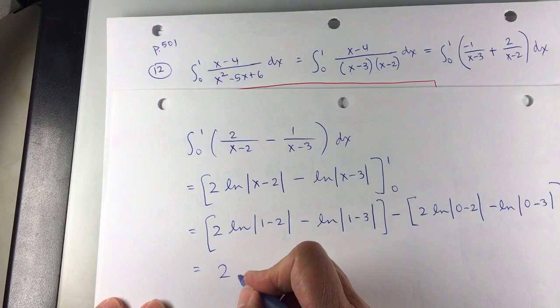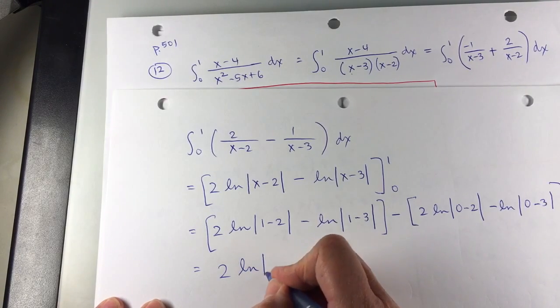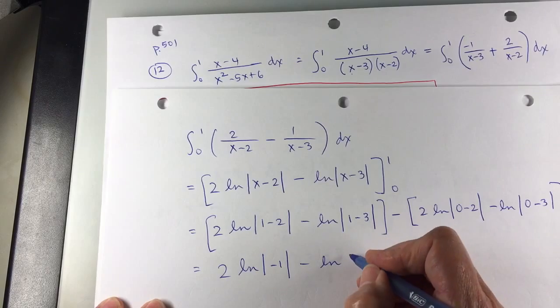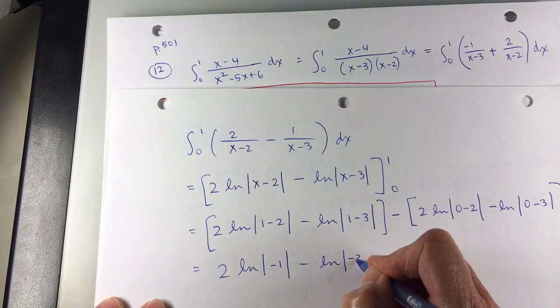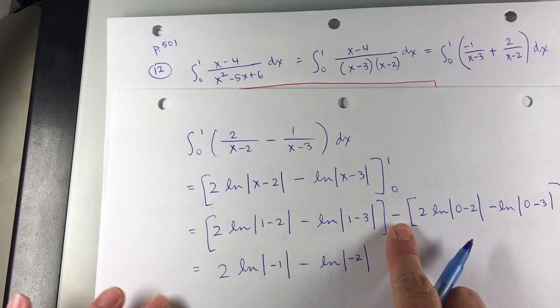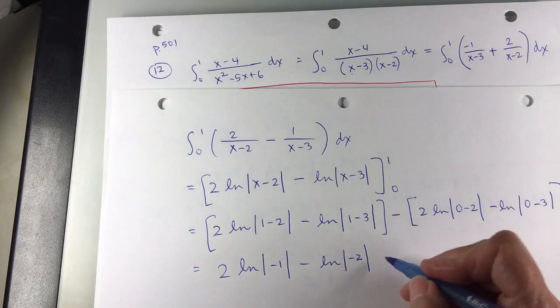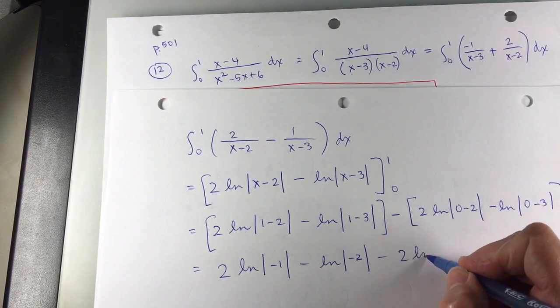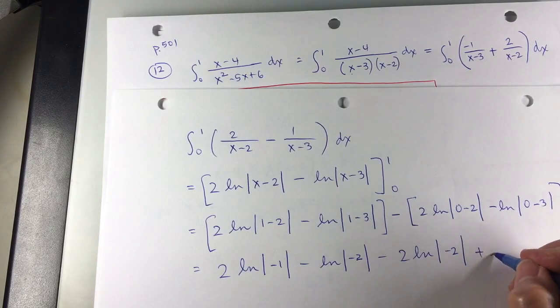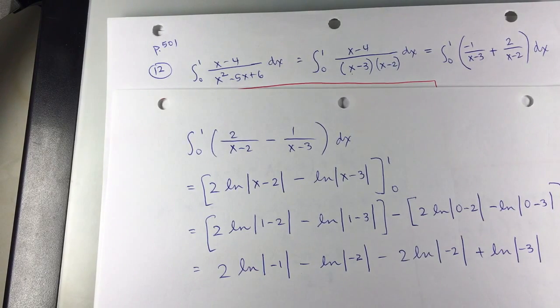So 2 times the natural log of the absolute value of -1 minus the natural log of the absolute value of -2. This minus sign distributes. So minus 2 times the natural log of the absolute value of -2 plus the natural log of the absolute value of -3. I kept the absolute value signs.